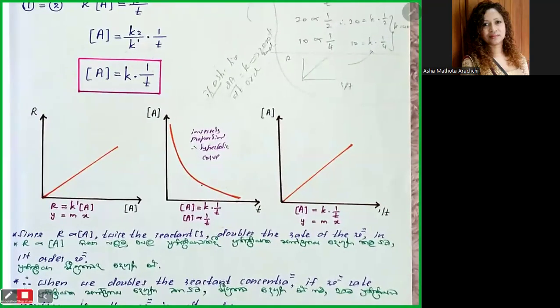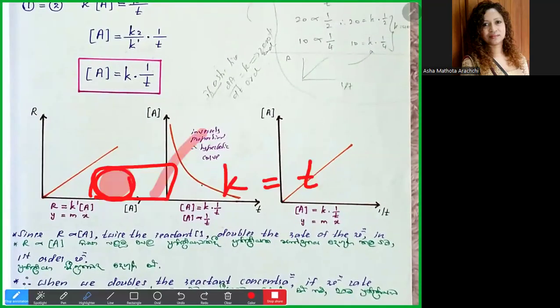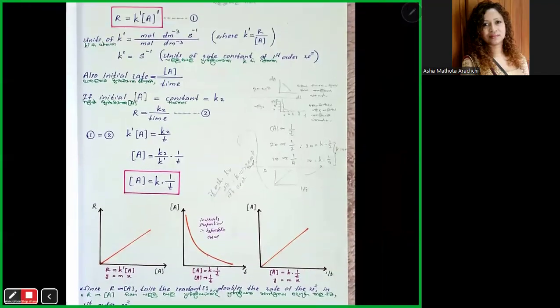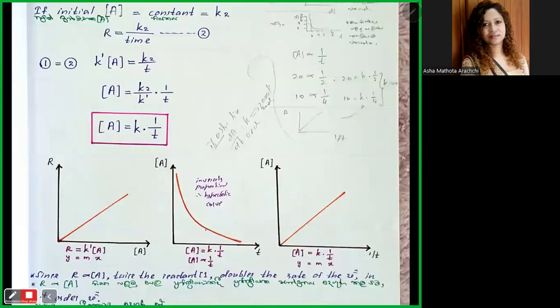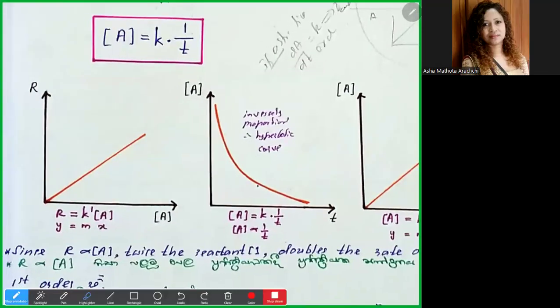Okay. So if I go with these graphs now, we have two equations. My first equation is R equals K A to the power 1. R equals K A, which is Y equals Mx kind of a graph because we know K is a constant.